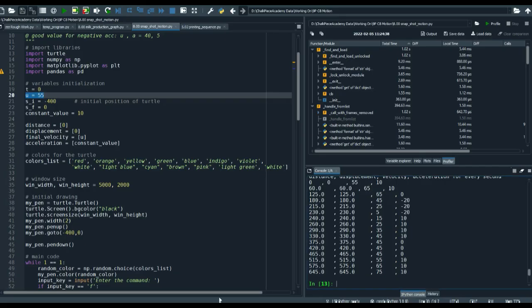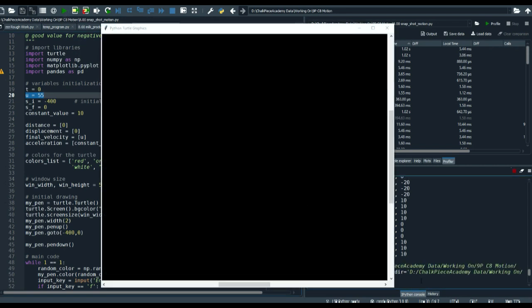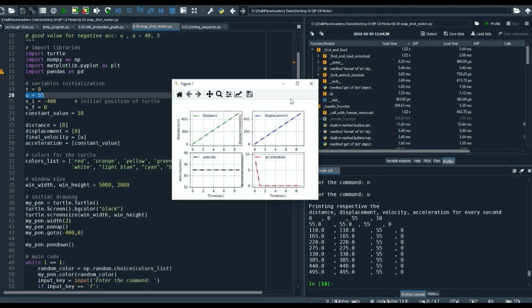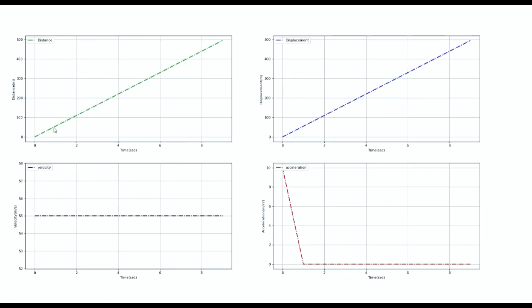For example, here I have an object covering equal distance in equal interval of time. Every second it's covering that particular distance, right? So you can see over here the object is covering a particular distance with every 2 seconds.